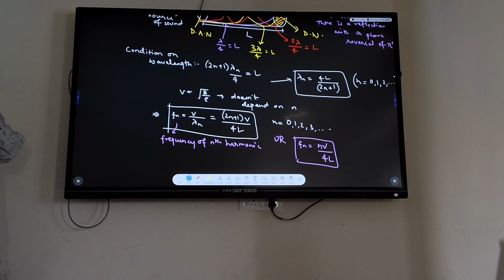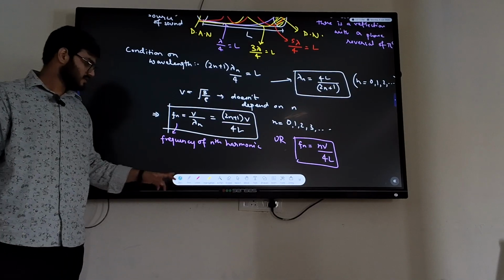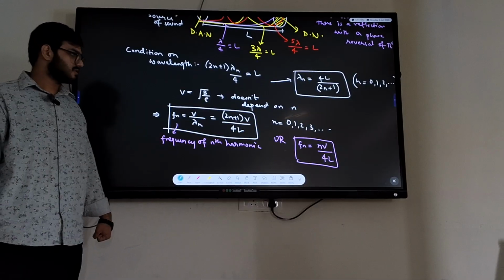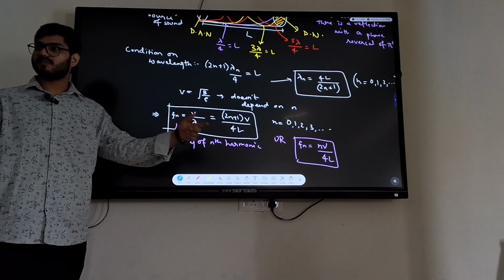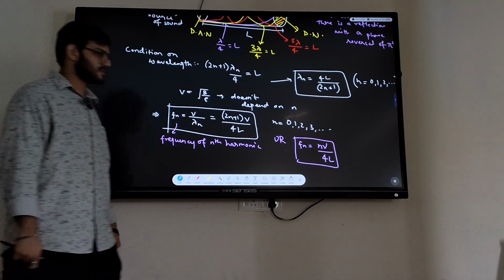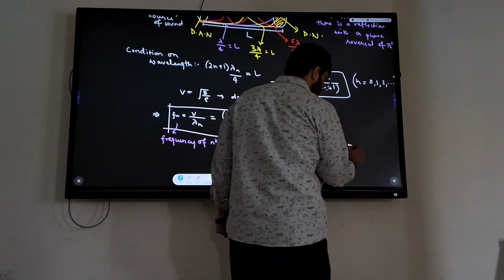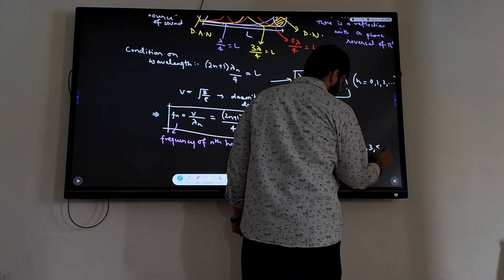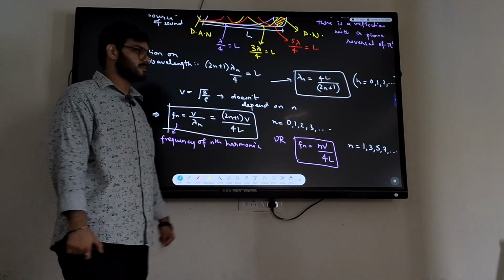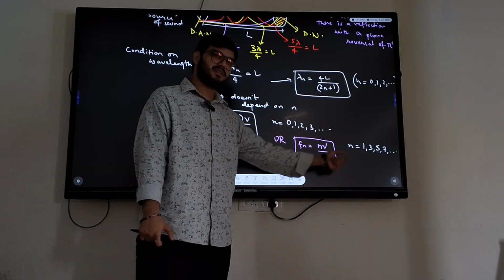It can be 0, 1. No, it can't be 0. Should be 1, 3, 5, 7, something like this, na? Should all be odd multiples. n should be 1, 3, 5, 7. Should be odd multiples.